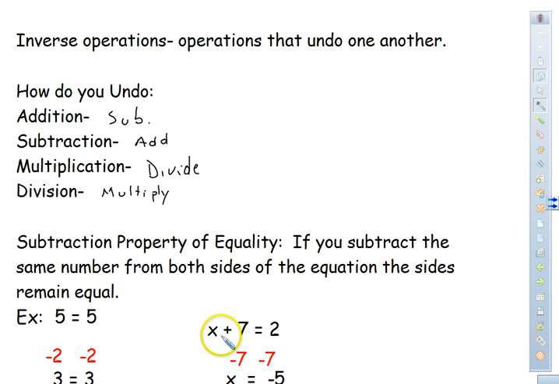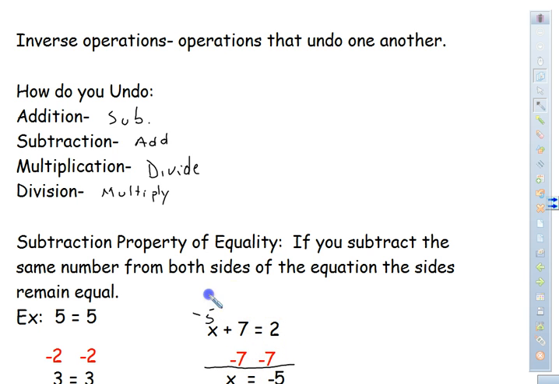If we have x plus 7 equals 2, and we subtract 7 from both sides, x will equal negative 5. So if we plug negative 5 into the value of x, that's how we get a positive 2.